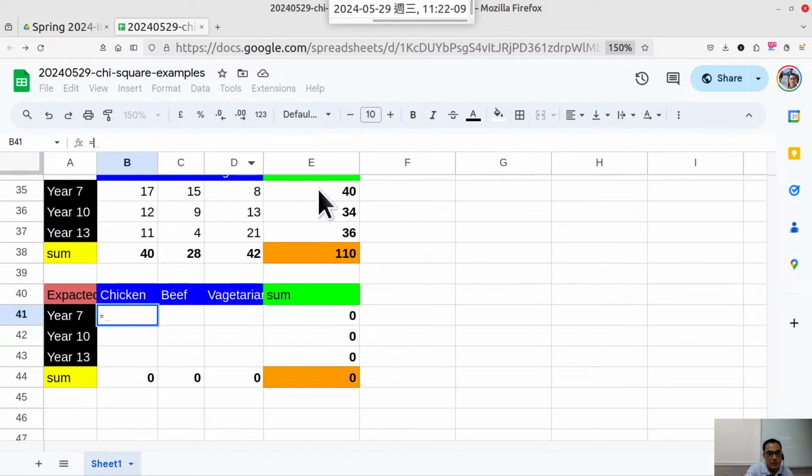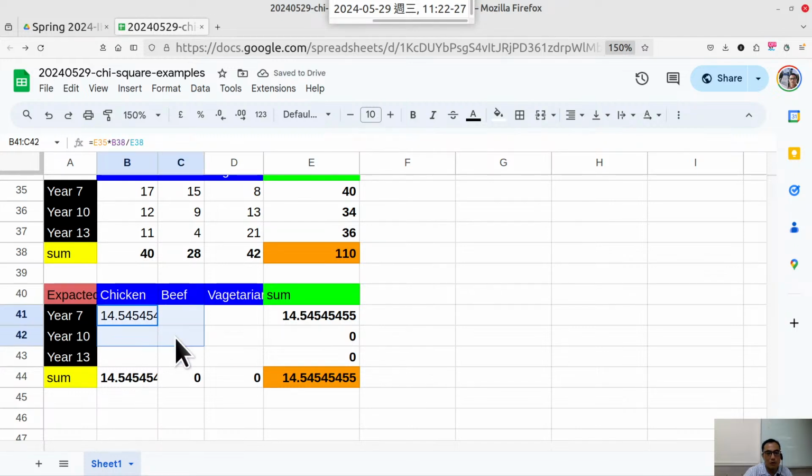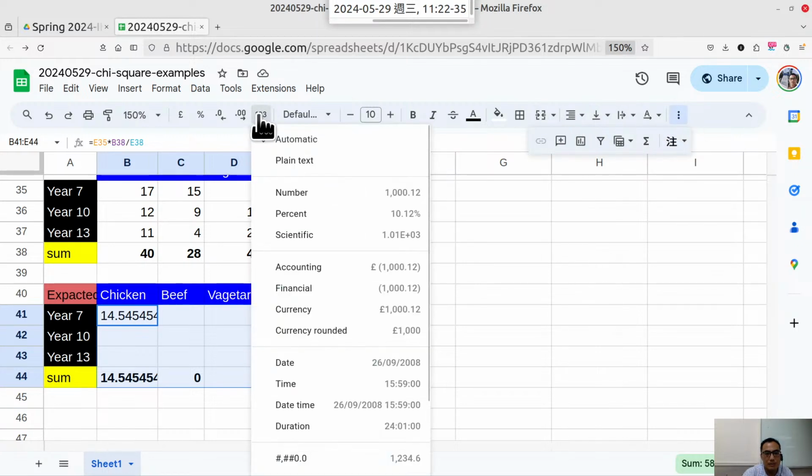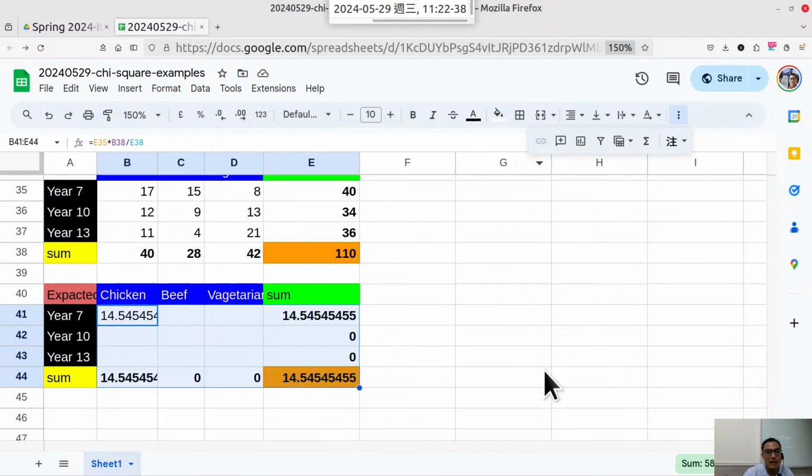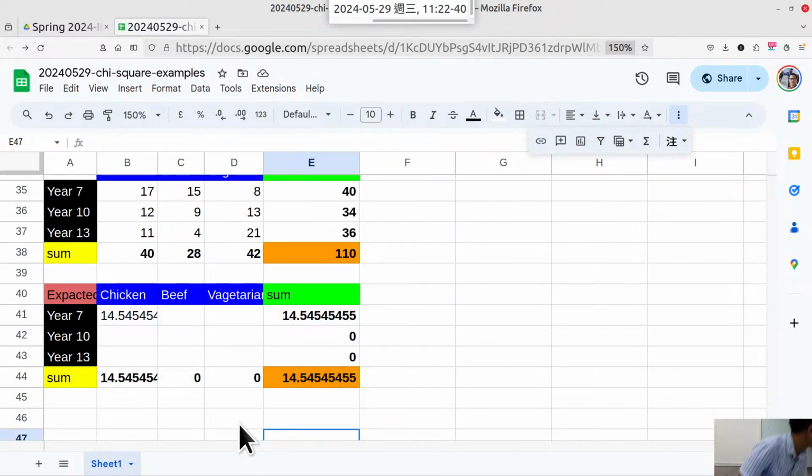That is 40 times another 40 and divided by 110. Click. Okay, and the digit is too many. You can downsize it. Later I will solve this problem because maybe one digit of the decimal is enough.